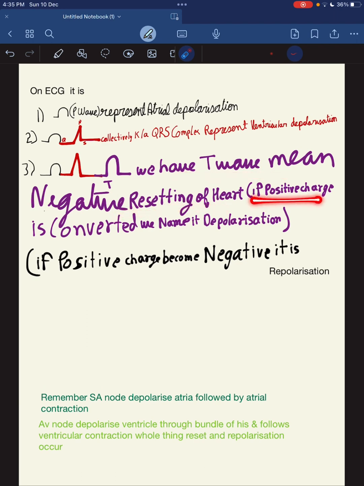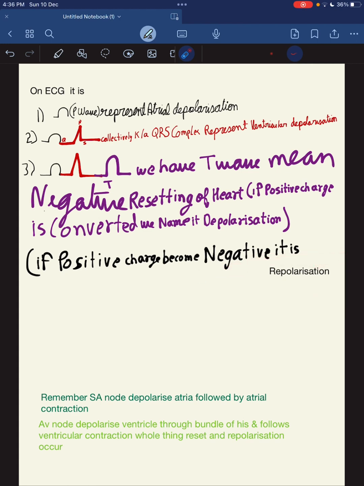When the charge changes from negative to positive, the heart becomes positive, and the term we use is depolarization. But if there is positive charge and we have to negatively reset the charge again, it is known as repolarization.